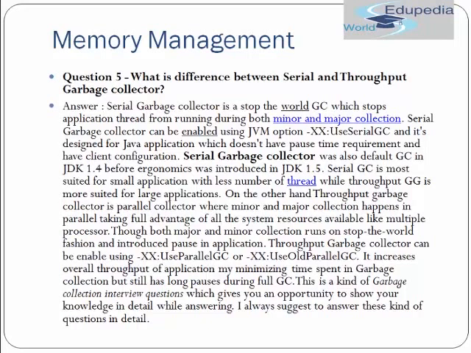Though both major and minor collection run in a stop-the-world fashion and introduce pauses in the application, the throughput garbage collector can be enabled using -XX:+UseParallelGC or -XX:+UseParallelOldGC. It increases the overall throughput of the application by minimizing time spent in garbage collection. If you are able to explain this in an interview, the interviewer would definitely be impressed.